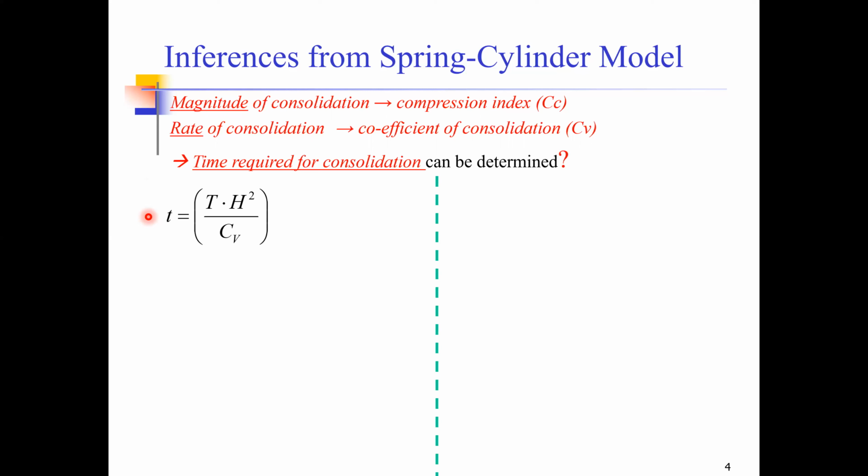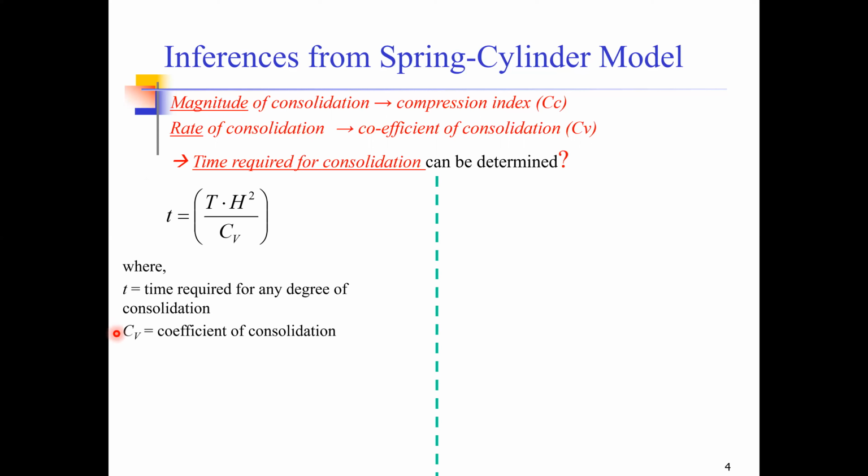Now, we can see the different components of this expression, where this T is the time required for any degree of consolidation. CV is the coefficient of consolidation, as we have explained on the previous slide, and H represents the length of the drainage path.